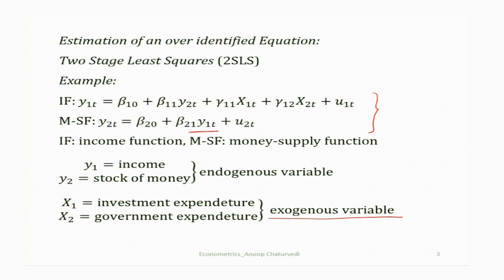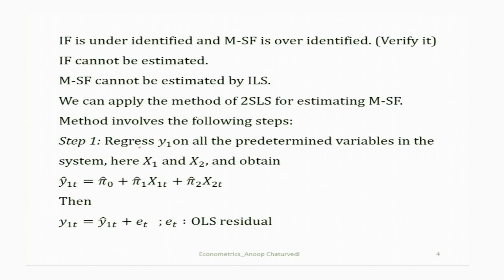So, what do we do? We take y 1 t, which is the set of all endogenous variables present in this particular equation except y 2, and then we regress y 1 on all the predetermined variables in the system.